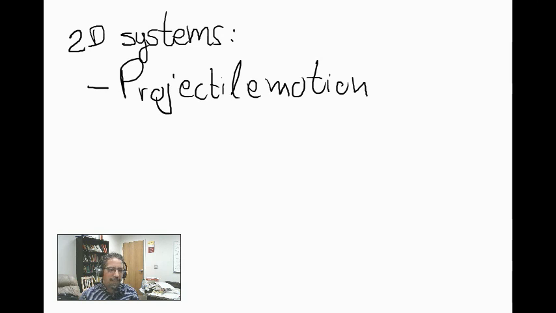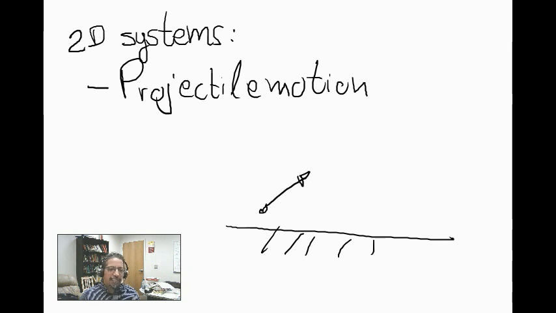Projectile motion is when, say, this is the ground and we throw something into the air, and we usually give it some initial velocity, and then we see it fly through the air and eventually perhaps land somewhere else far away. So that's projectile motion, and there's one key observation about this.